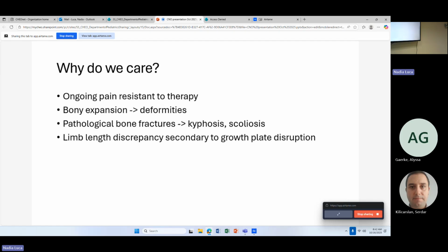In the vertebrae and even in the long bones, those lesions can cause fragility and lead to pathologic fractures. So that's obviously something we'd like to avoid. And if the lesions do involve the growth plate, you can get dysmetria in your limbs. So these are all the reasons why we want to identify and treat these patients. Of course, also pain. You can't undervalue the fact that living in chronic pain can lead to a host of other problems as well.